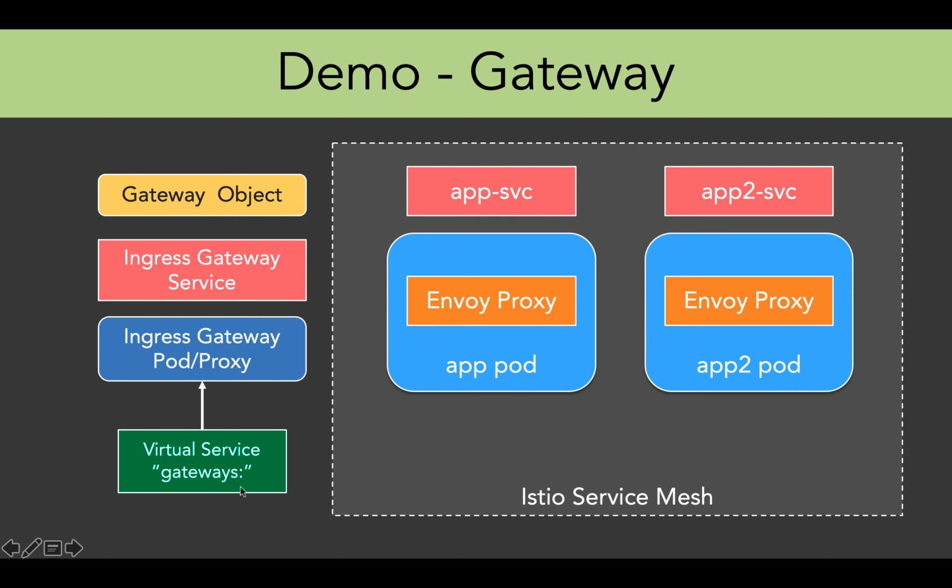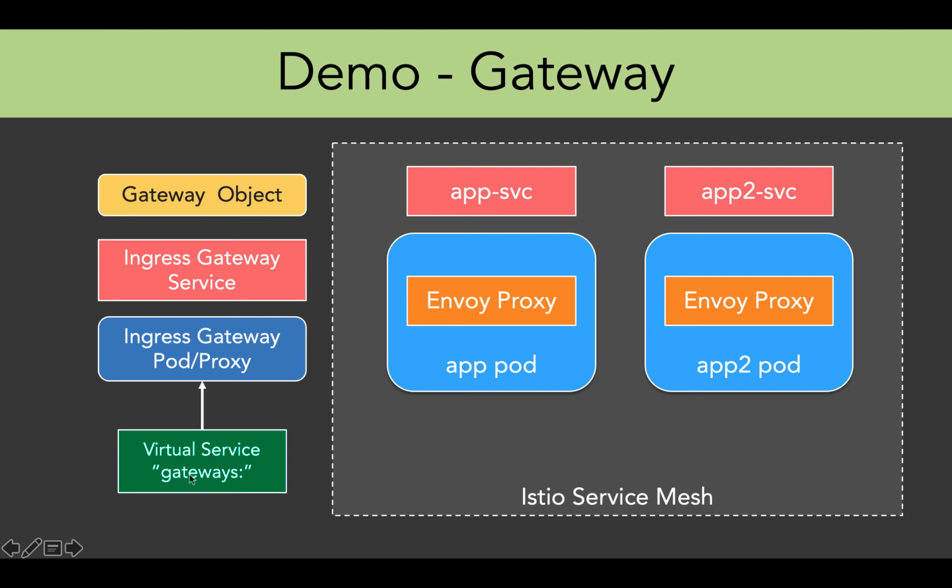Now, what do we do with the virtual service? Of course, we provide routing rules. Whatever we mention here would be only applicable for the traffic that is coming from outside and trying to enter the mesh. These routing rules will not be applicable for the containers or services or pods that are running inside of the service mesh.